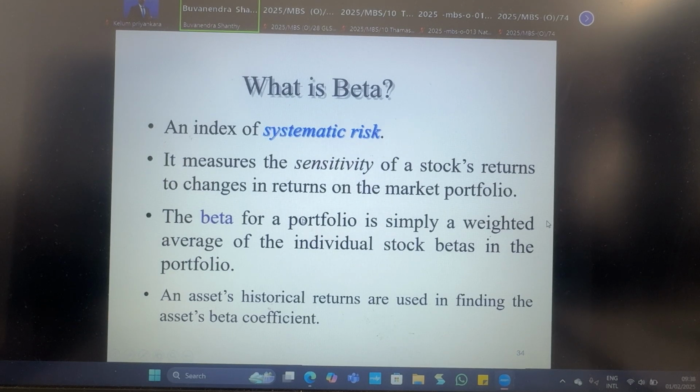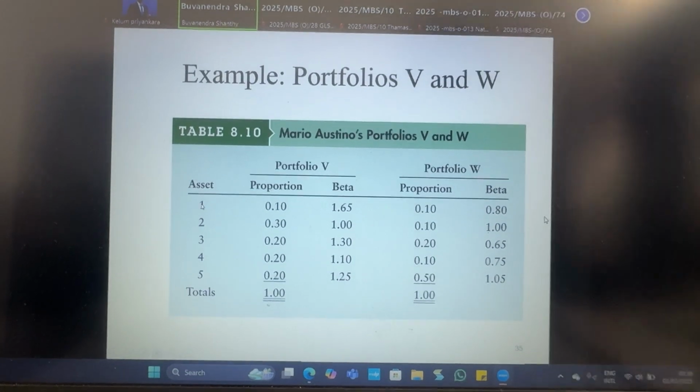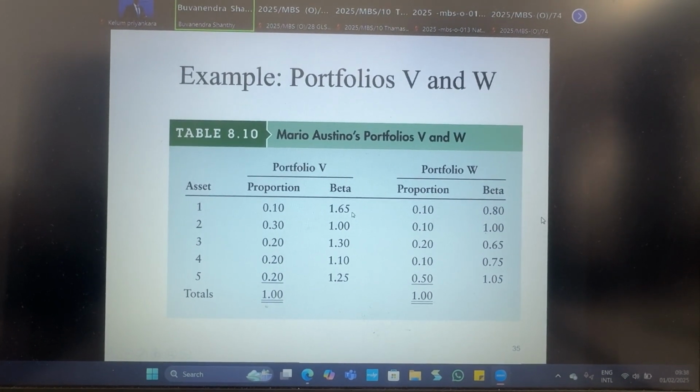So beta is actually for stock returns. If you have a portfolio of more than one stock, then you have a portfolio beta, and all exist for the companies. The beta coefficient shows how risky it is to buy or sell a particular company's stock. You can see here the measured risk for a portfolio. Stock 1, beta is 1.65.